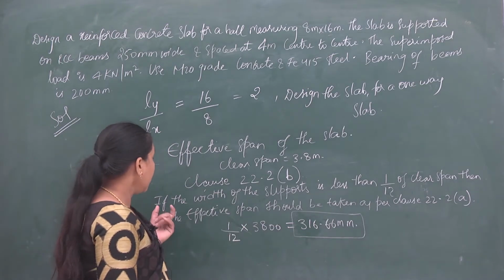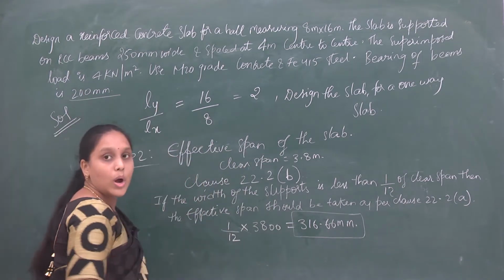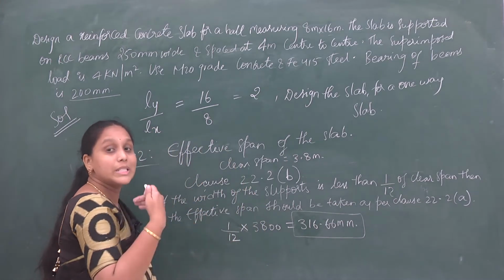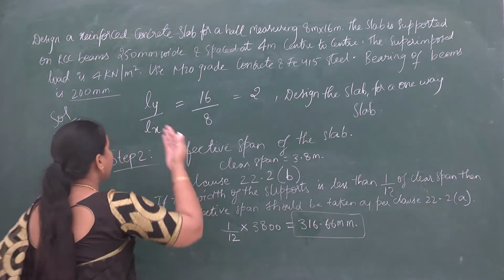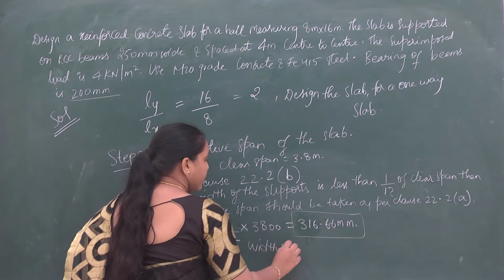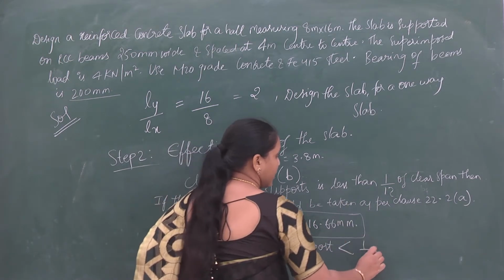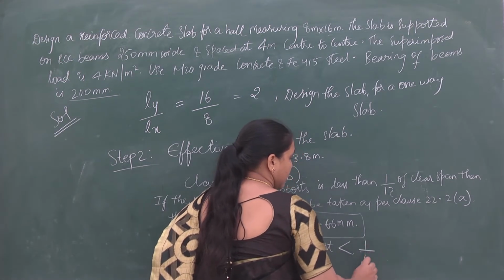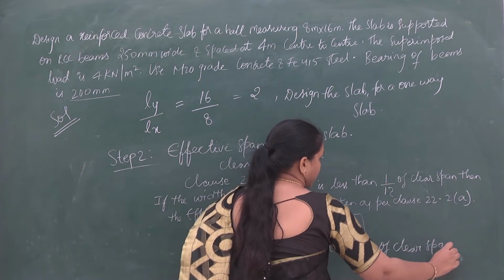Now what is the condition? If the width of the support... what is the width of the support? The width of the support is 200 mm. So from this you can say that the width of the support is less than this value. The value is 316.66 and the width of the support is 200 mm. That is, the width of the support is less than 1 by 12 of the clear span.